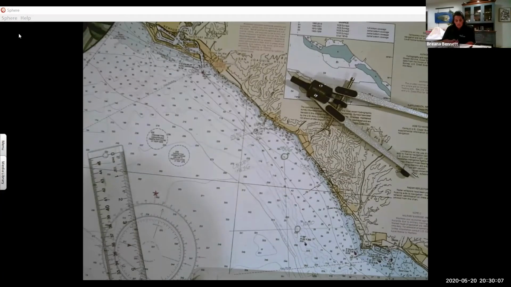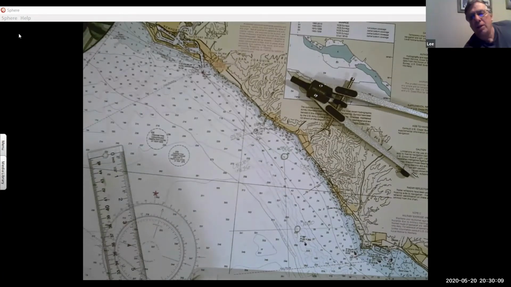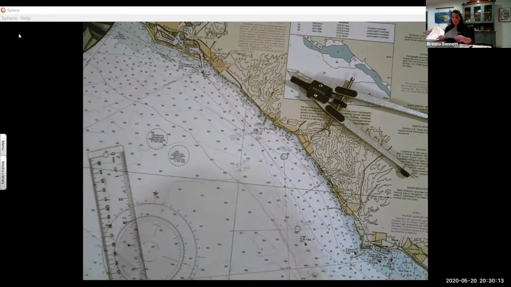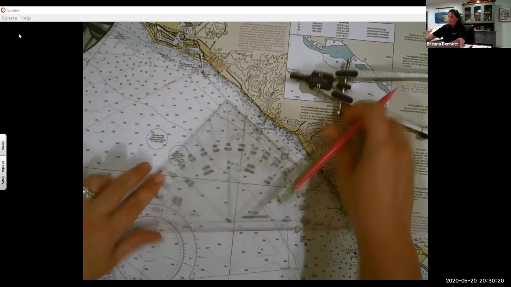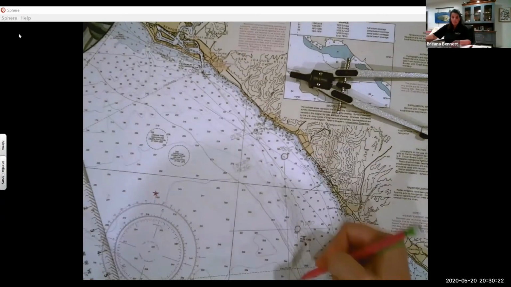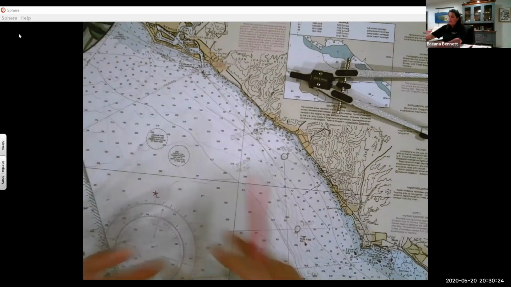Okay. Hey, Bree, can you show me how you got that building line? Yes. So I used my triangle. I put the course line on the 90-degree line.